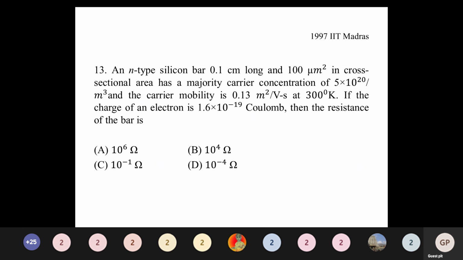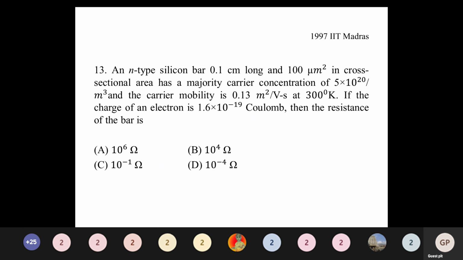Okay, then the next question. An n-type silicon bar 0.1 centimeter long and 100 micrometer squared in cross-sectional area has a majority carrier concentration of 5 into 10 to the power 20 per meter cube, and the carrier mobility is 0.13 meter square per volt second at 300 Kelvin.